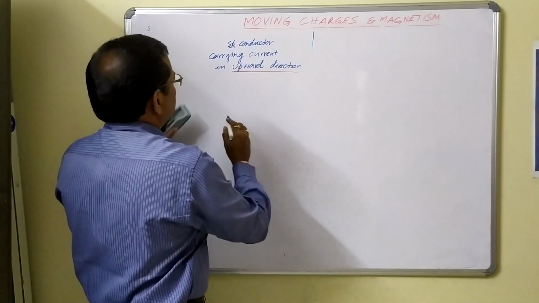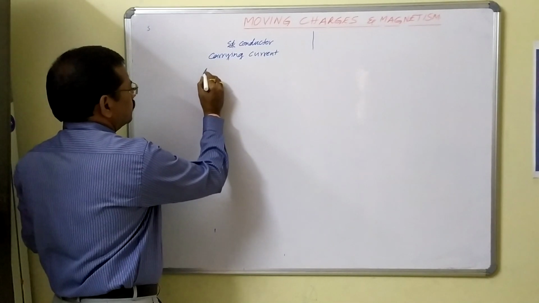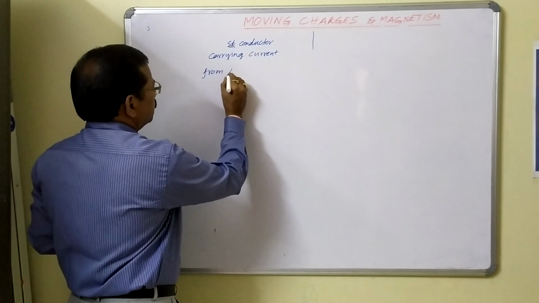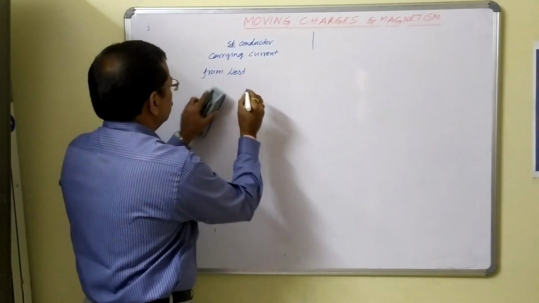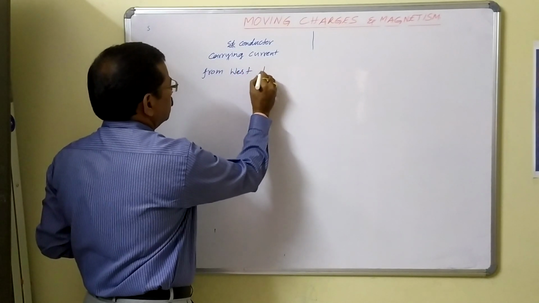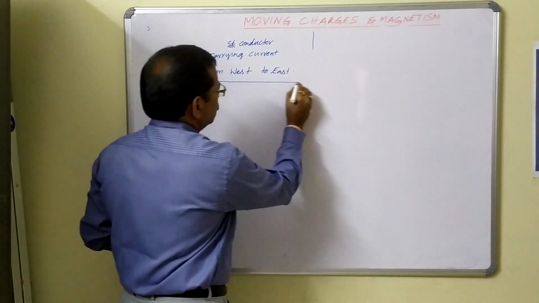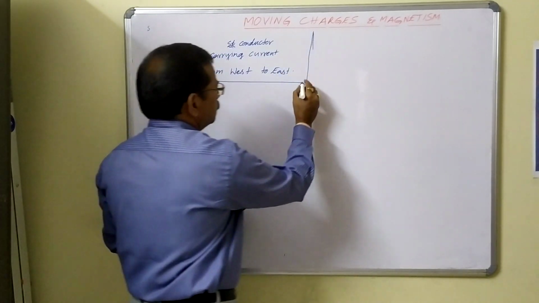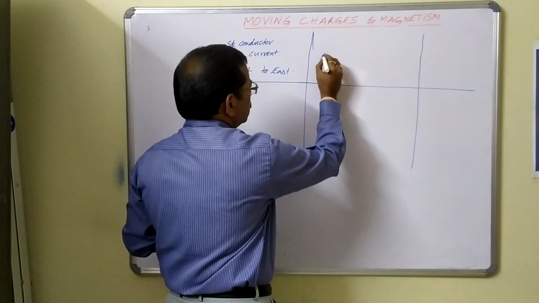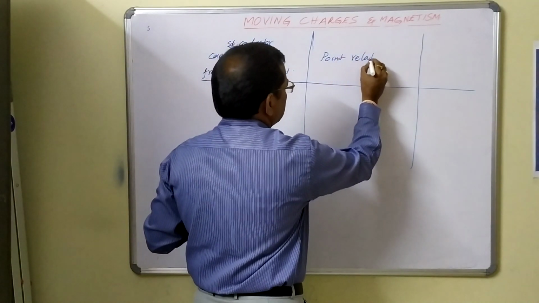Let us consider a straight conductor carrying current from west to east. We want the direction of B, the direction of magnetic field induction, at a point relative to the conductor.